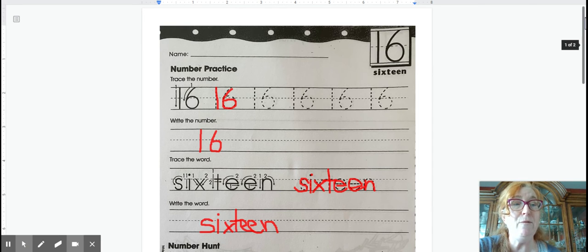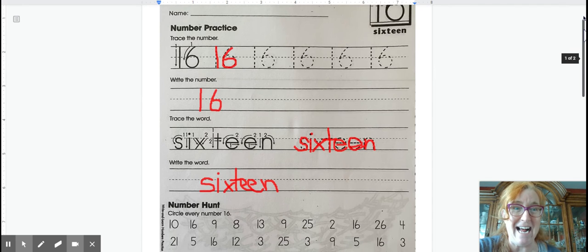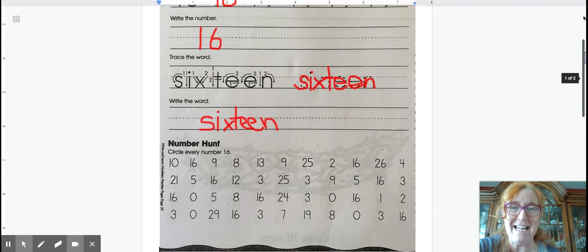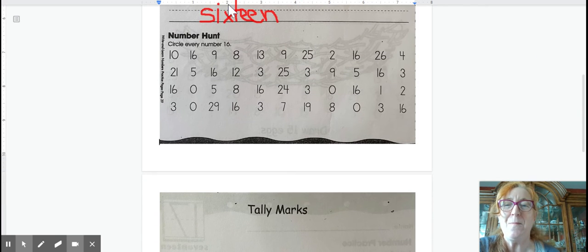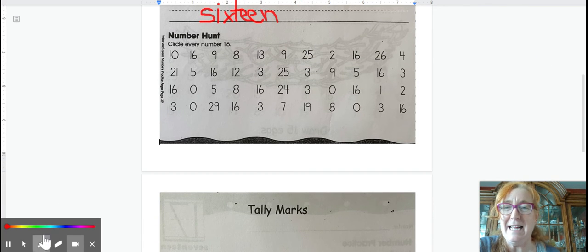16. Today we will review how to find and hunt for 16. We're going to look for 16s today. 16. Here we go. 10, 16.